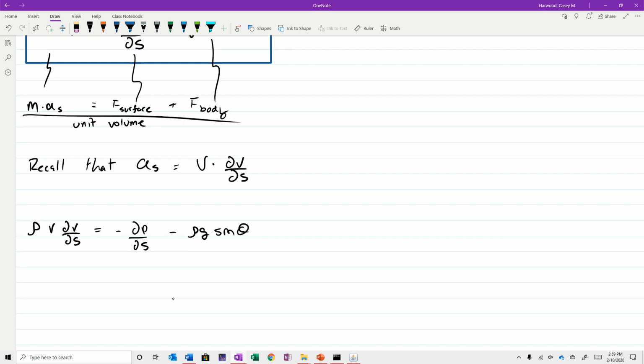But this sine theta term, I want to inspect what this actually looks like. Here's delta s, delta z, and call this delta x.